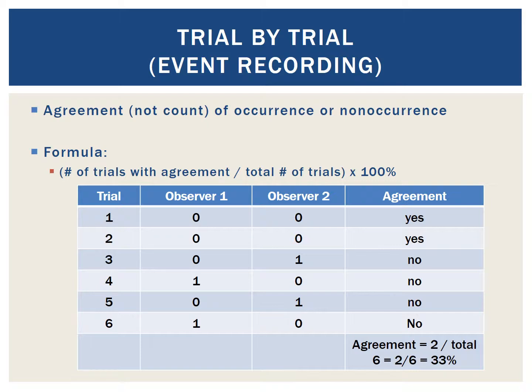So in this case, the two observers agreed on 2 of the 6 trials, so you calculate it, the formula is the same as the other, so it's smaller number over larger number times 100, or the number of agreements over the total number of trials, really, is what we're doing here. And this case is 33% agreement, which is pretty low, especially for something like this.